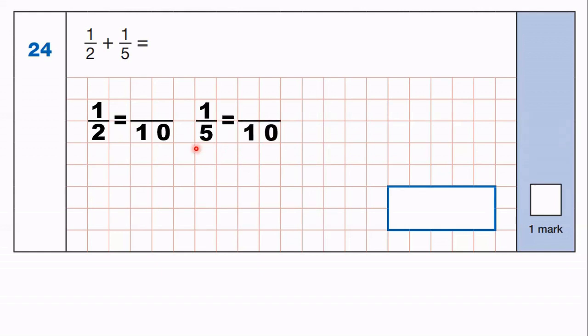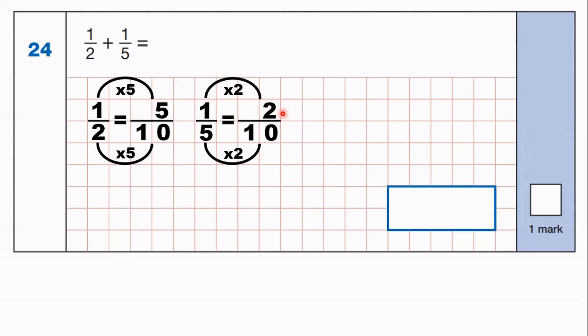So let's find equivalent fractions with a denominator of 10. 2 times 5 is 10, and 1 times 5 is 5. 5 times 2 is 10, and 1 times 2 is 2. So instead of 1/2, we can write 5/10, and instead of adding 1/5, we can add 2/10.